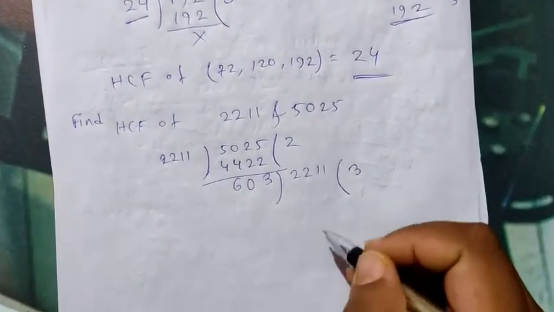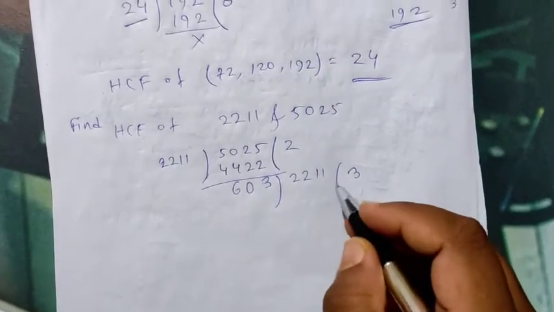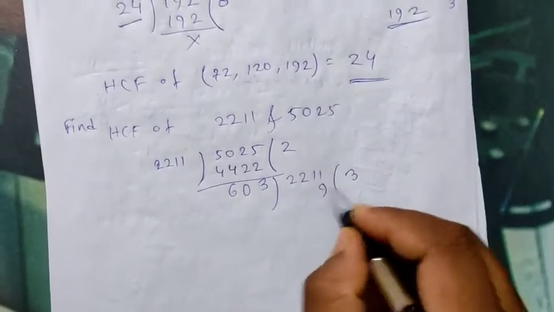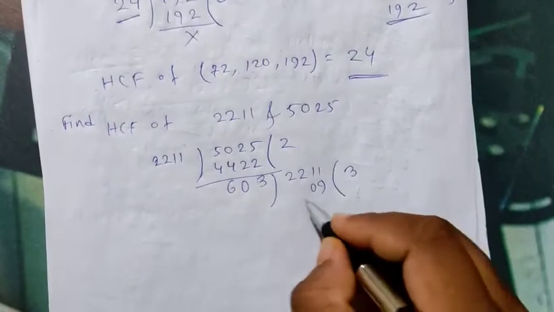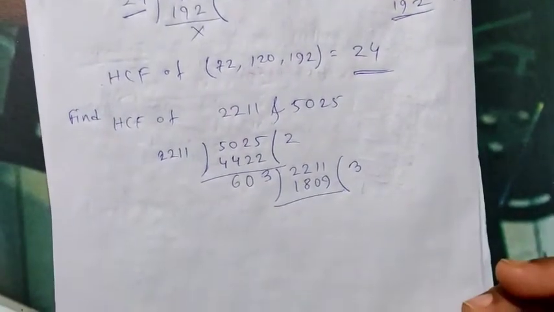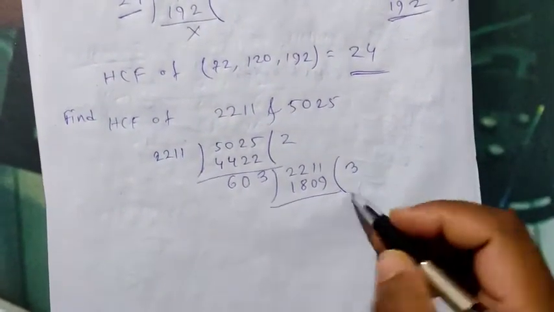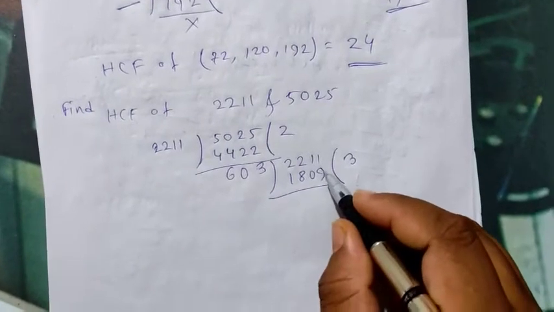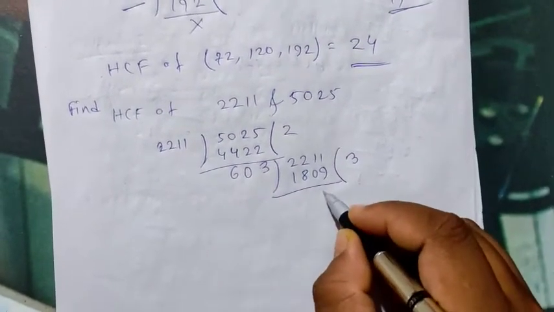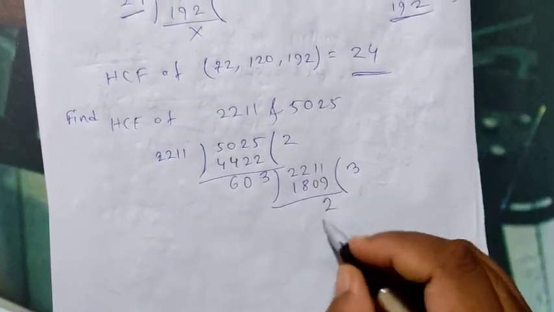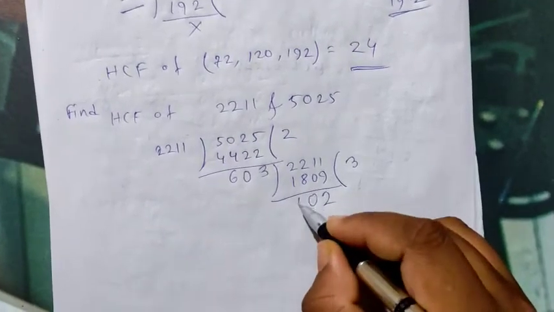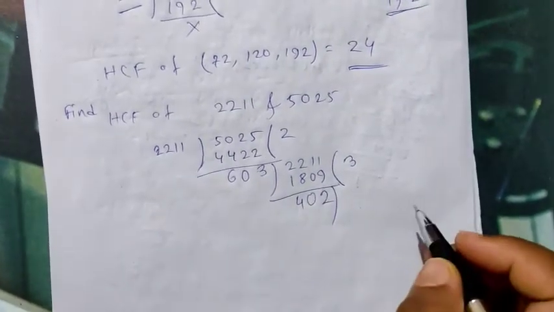So let's give it by 3. So how much is it? By 3, if you multiply, 3 3s are 9, 0 and 3 6s are 18. And if you subtract, and you want to find the remainder there, what will we be getting? 9, 2, then it's 0, then 4, 402.